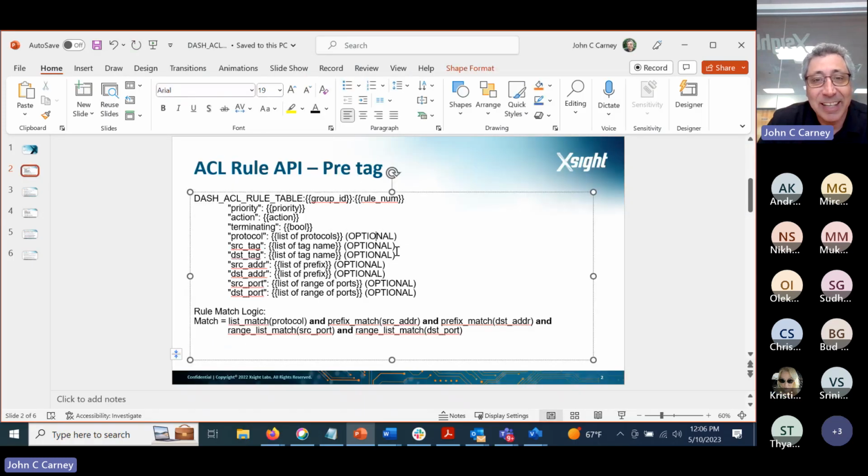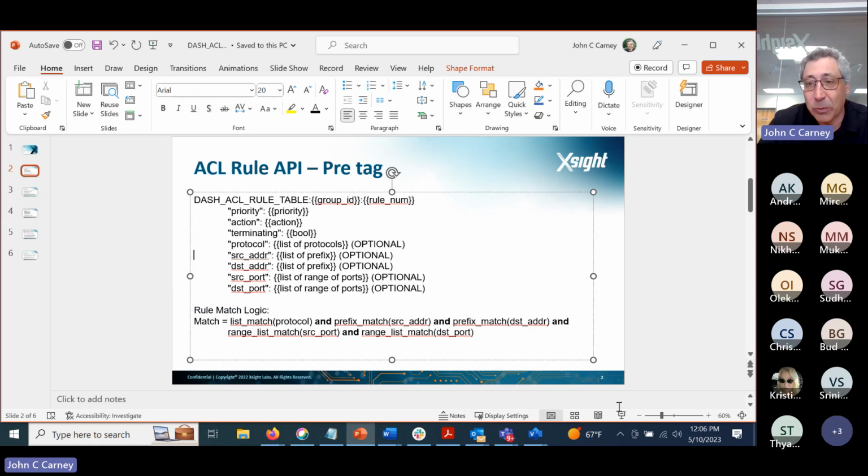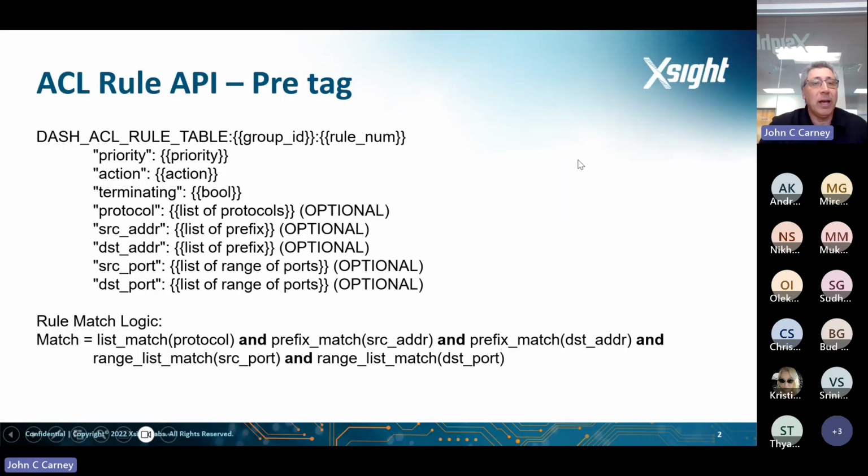Okay, before we had the tag, the matching of a rule is based on a list of protocols, a list of source prefixes, a list of dest prefixes, a list of source port ranges, and a list of dest port ranges.